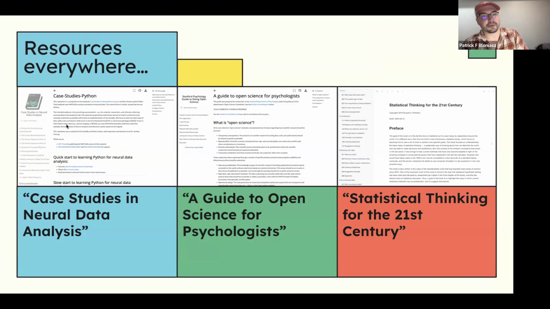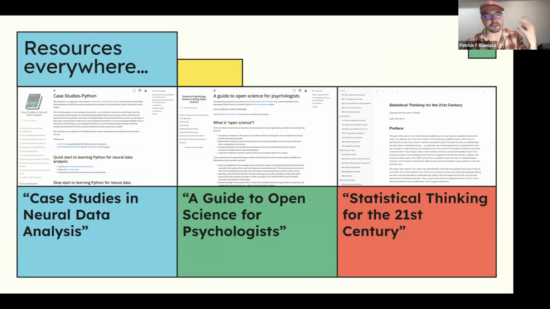The authors here are primarily Mark Kramer and Ori Eden, who are two statisticians based in Boston who live in the Boston University, MIT, and Mass General Hospital universe. This is a wonderful example because not only does it teach you how to code in Python, but it also gives you access to real neuroscience data that you would expect to see from a lot of different recording modalities.